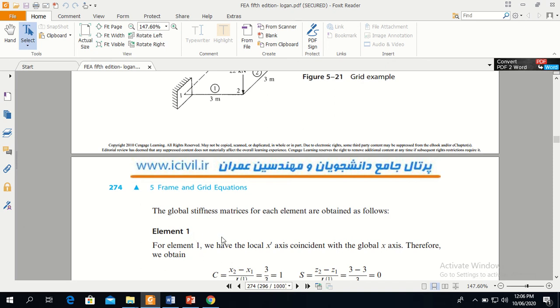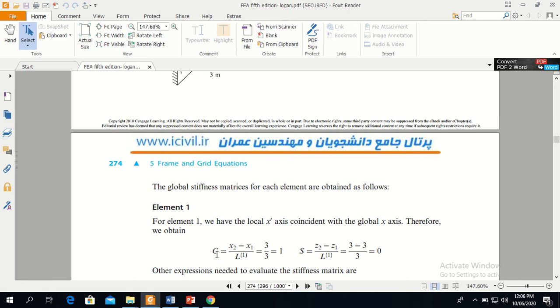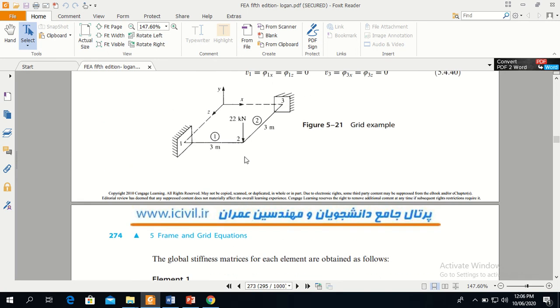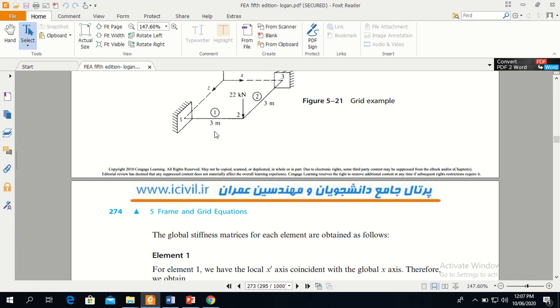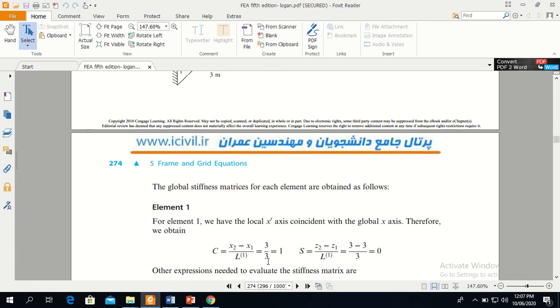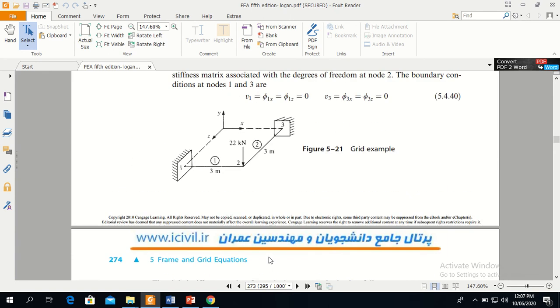for element 1. For this we first need to find C, which is cos theta, x2 minus x1. In the x direction, x2 is 3, x1 is 0, so 3 minus 0 is 3, and the length is 3 meters, so this is 1.